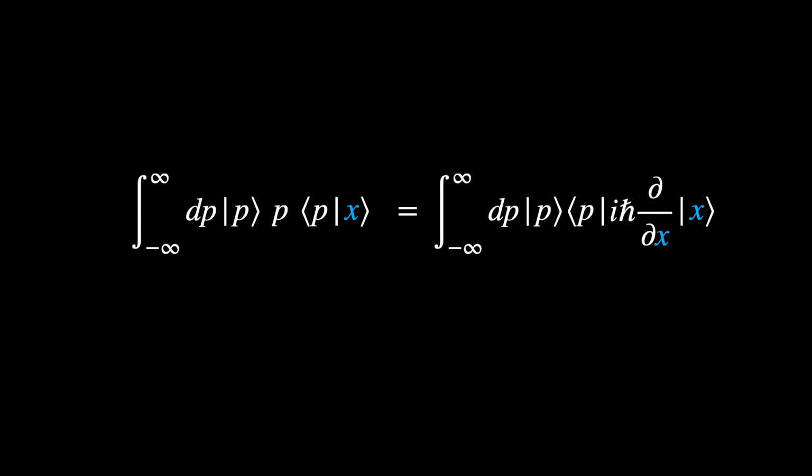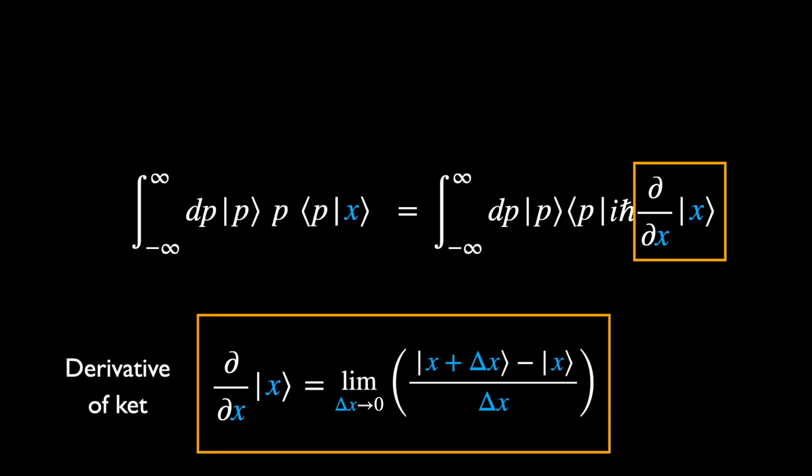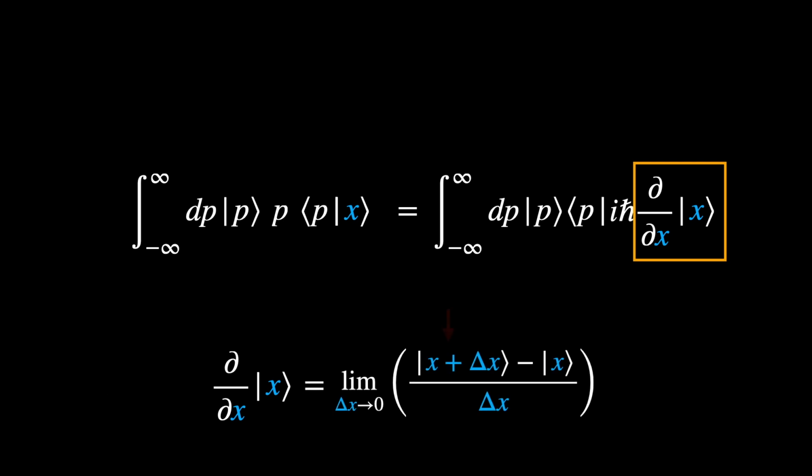Since this is an x derivative, it acts directly on the position ket, which depends on x. The derivative of a ket works exactly the same way in calculus by taking the following limit. Note that since the difference of two vectors is also a vector, the result is simply another ket.